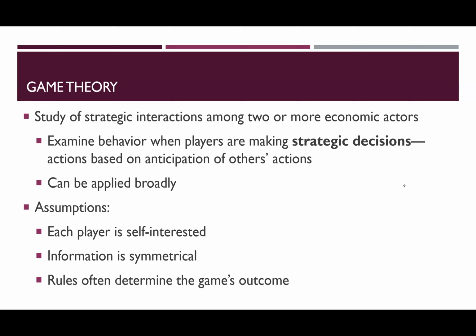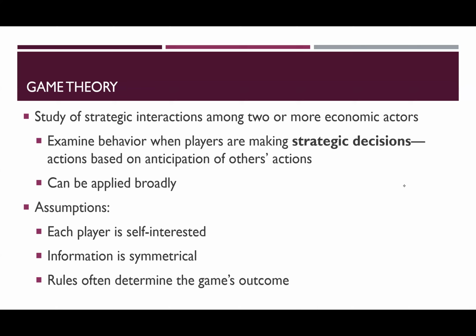Some fundamental assumptions we're using here. These can be a little tough for folks because they're not always realistic. But first is that each player is self-interested. So that's the usual rational assumption that we make for economics. We're assuming that players are pursuing their own best interest, right?